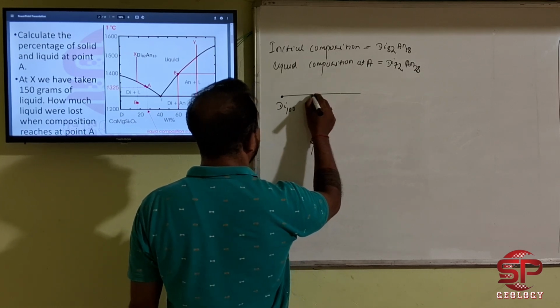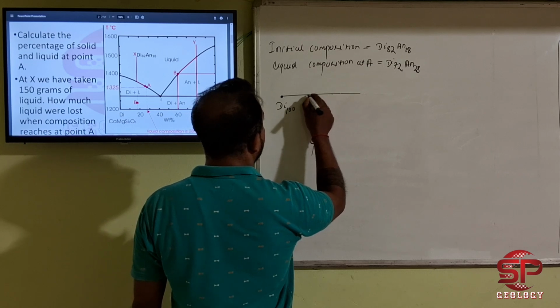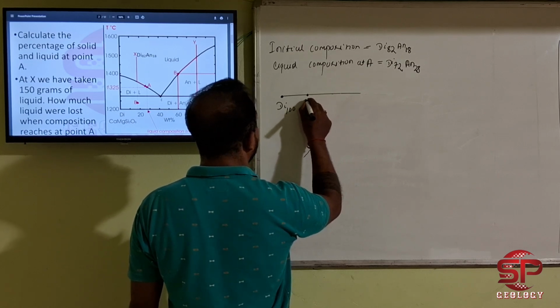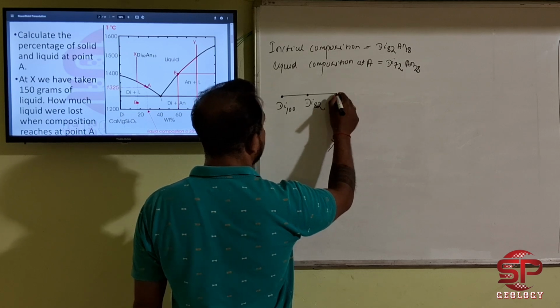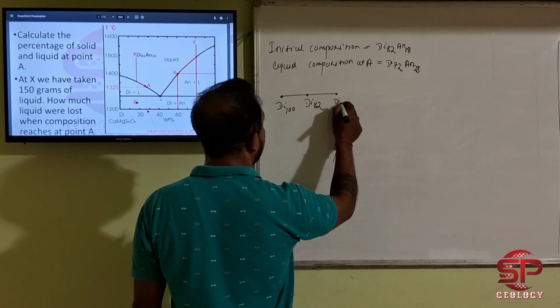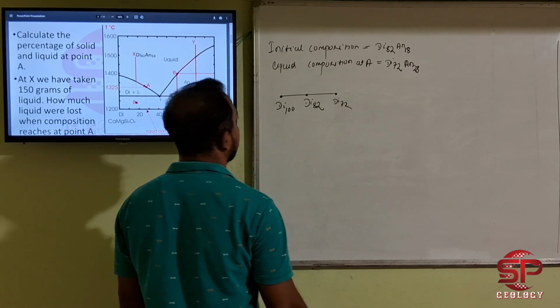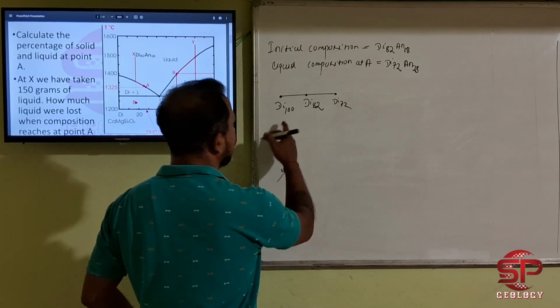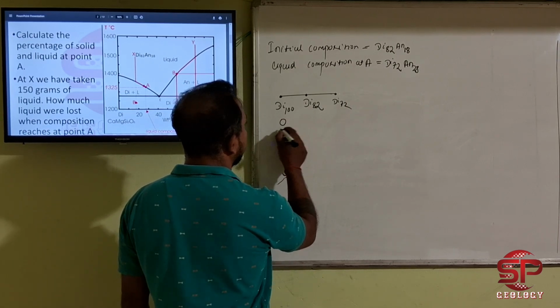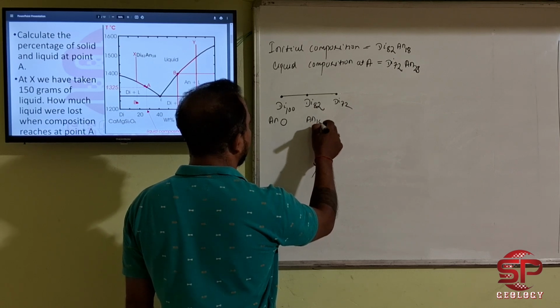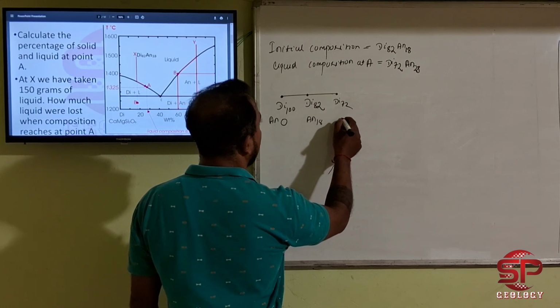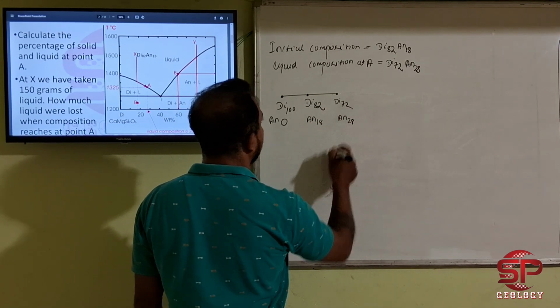This will take diopside 82 and this will take diopside 72. You can also take anorthite: anorthite will be 0 here, anorthite 18 here and anorthite 28 here.